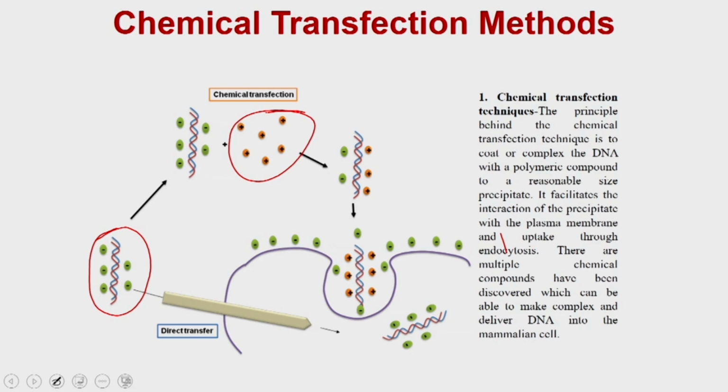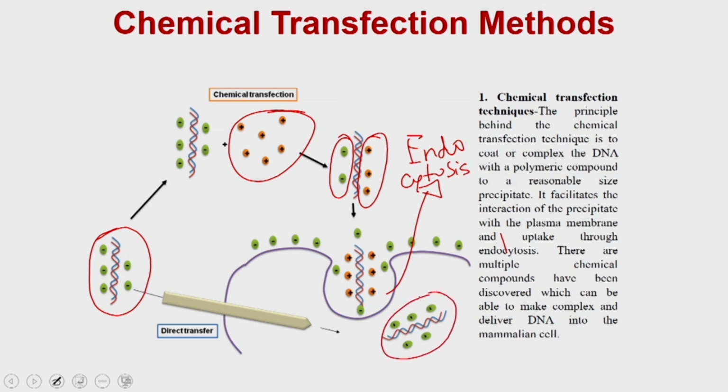The DNA has negative charges on one side and the chemical has positive charge on the other side, and as a result it makes a complex, and these complexes are taken up by the mammalian cells in a process known as endocytosis, and that is how they reach the nucleus. Then in the nucleus, the chemical molecule you are using is released and the DNA is free for downstream expression processes.